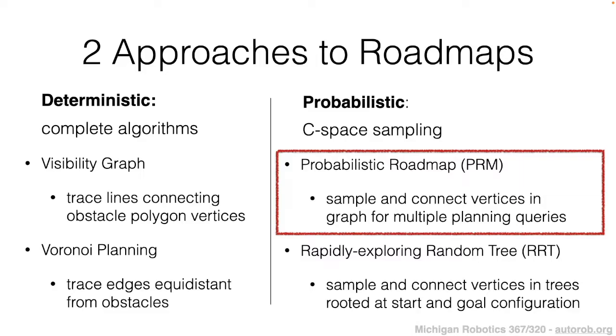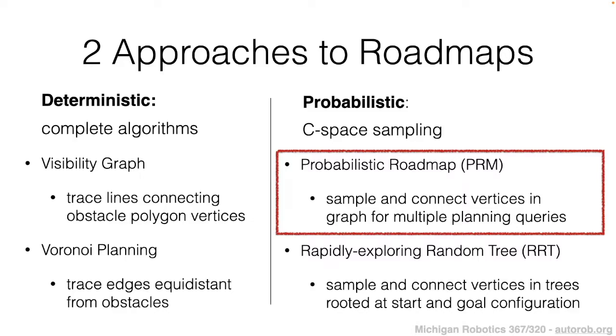Within this set of probabilistic roadmap construction algorithms, we're going to talk about two particular algorithms: the first being probabilistic roadmaps and the second being rapidly exploring random trees, where the final assignment, assignment 6, is going to be based on an implementation of rapidly exploring random trees within our Knievel environment.